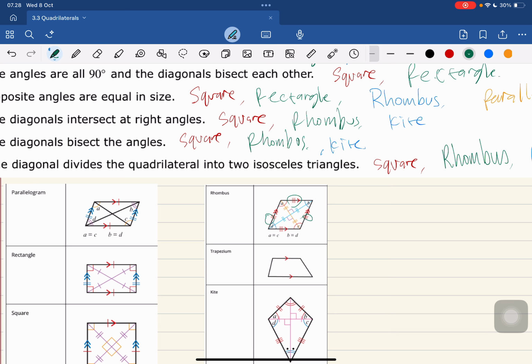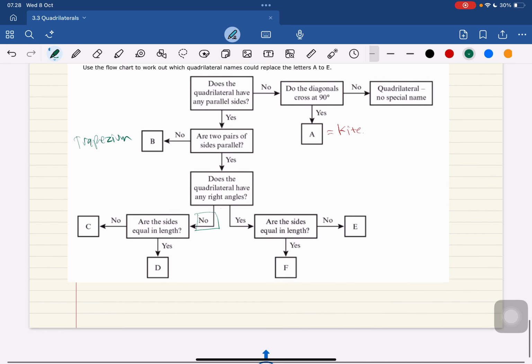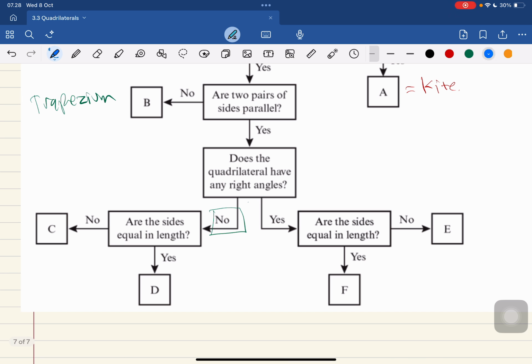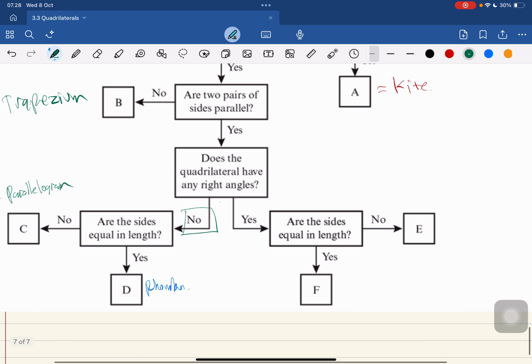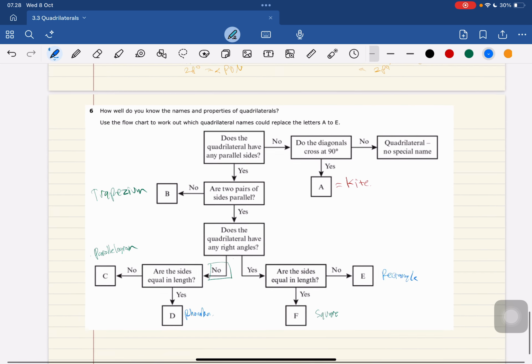Rhombus yes, parallelogram no. So if the sides are equal in length, this is a rhombus. If no, it is a parallelogram. Are the sides equal in length? If yes, this is a square, and if no, that is a rectangle. Okay, there it is. Thank you.